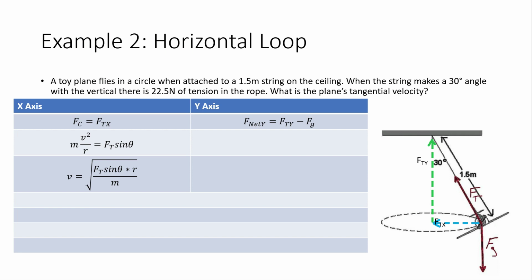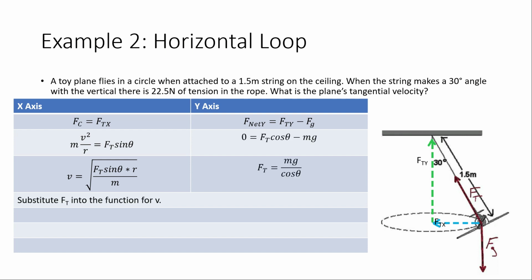So since gravity is in my y-axis, let's take a look at what's happening in the y. Here I'll start with my net force equation for y. F net y is equal to the tension y pulling it up minus gravity pulling it down. Now, this object is accelerating horizontally. That means there should be no vertical acceleration.